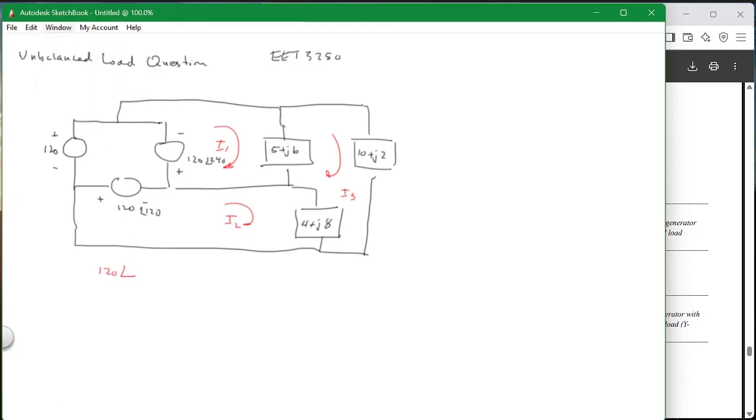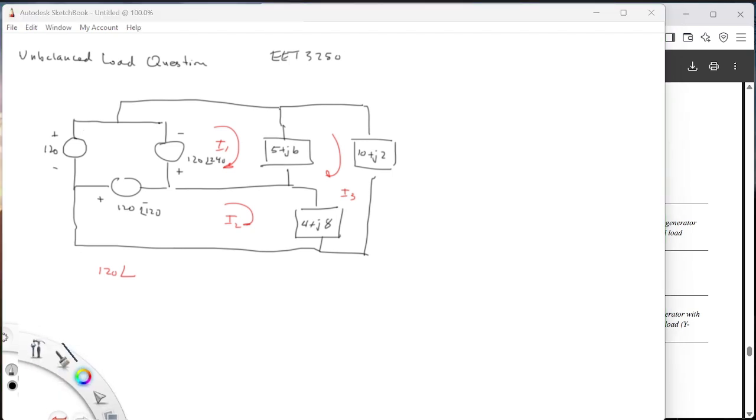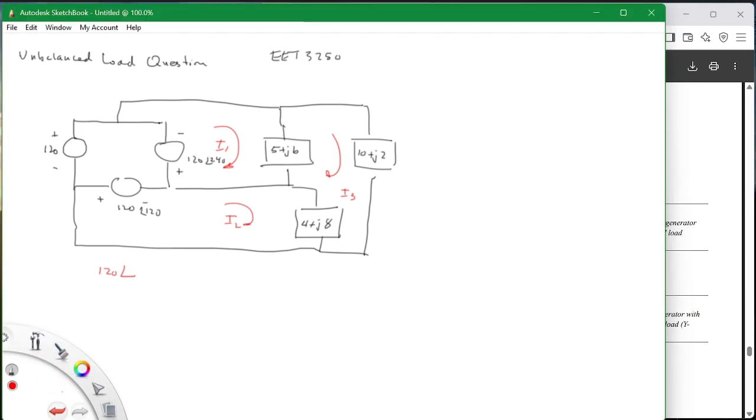Okay, so here I come in at 120 at 240. I go right up here, and then I come here, and it's plus what? Parenthesis I1 minus I3 times 5 plus J6 equals 0.